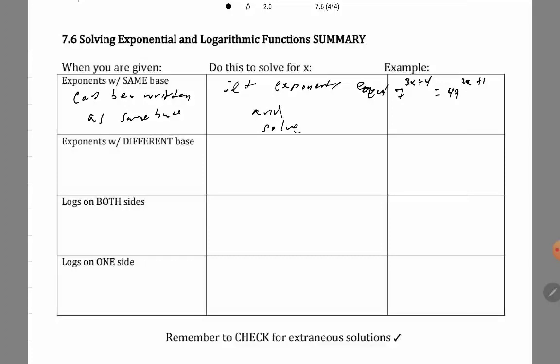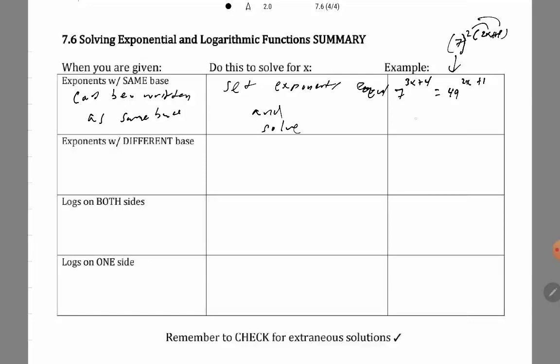Okay. Now they didn't really go into detail with this example, but this 49 here is actually 7 squared. And then we have the 2x plus 1 here. That gets multiplied.